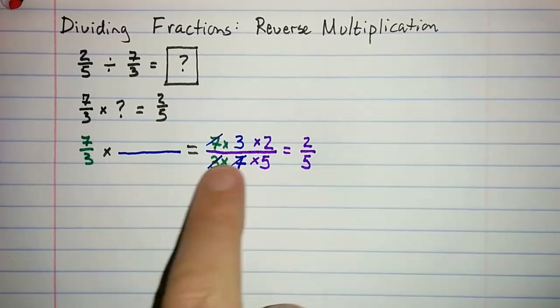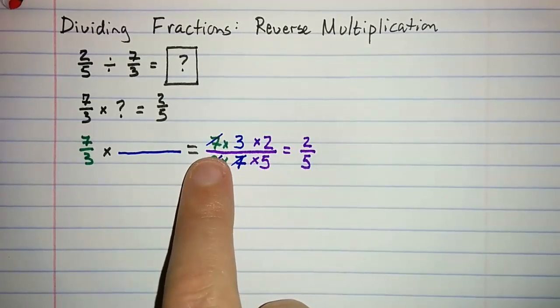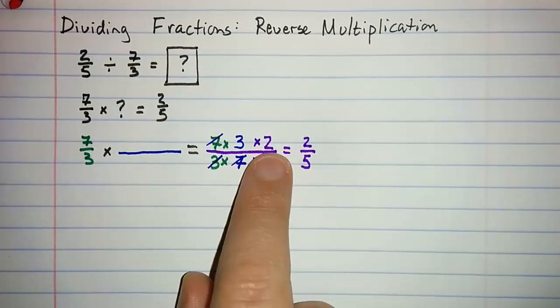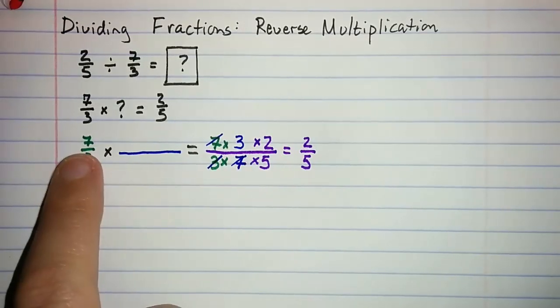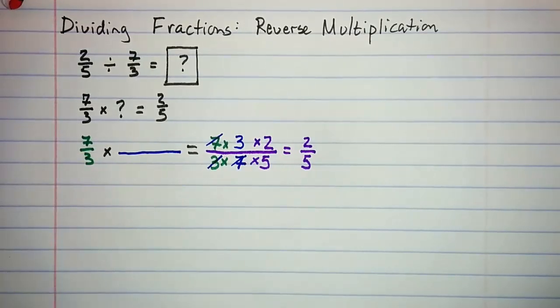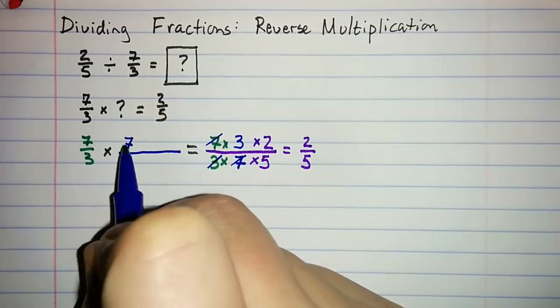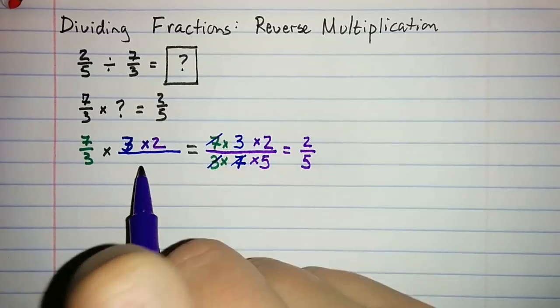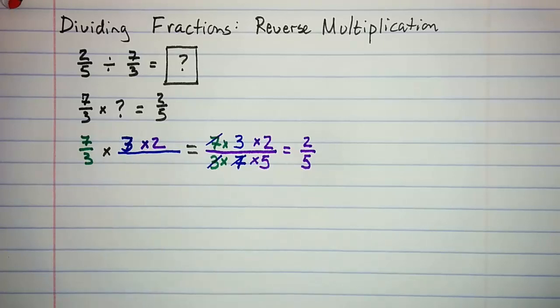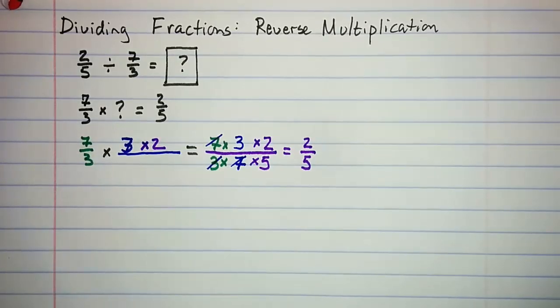Well, that means my numerator here must have been 7 times 3 times 2. I started out with a 7. I must have 3 times 2 in the numerator of this fraction. Here I started out with a 3.